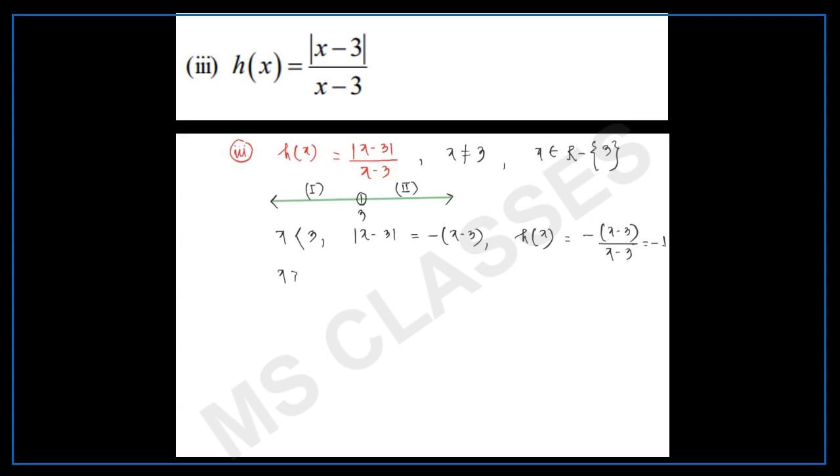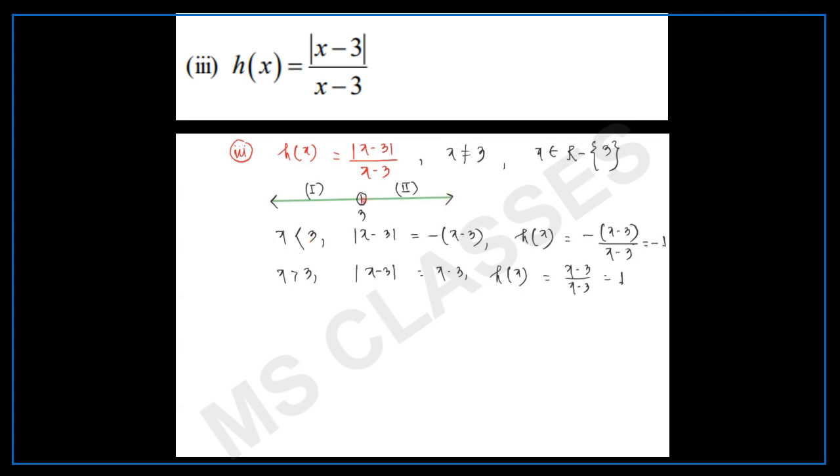And when x is greater than 3, mod of x minus 3 equals x minus 3. So from that we get h of x equals x minus 3 by x minus 3. This is 1.